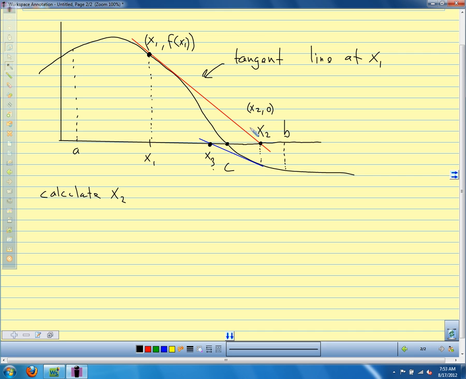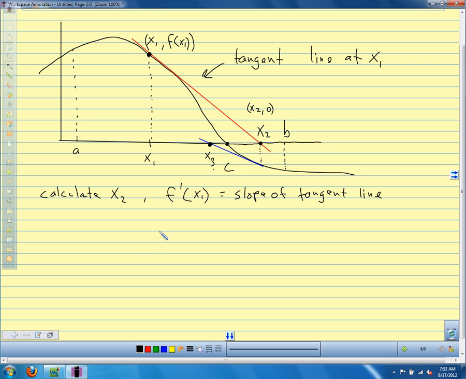The slope of the tangent line is f prime at x1. So that's the slope of this red tangent line, f prime of x1. And we have these points. So we're going to use point slope form to come up with an equation for the line.